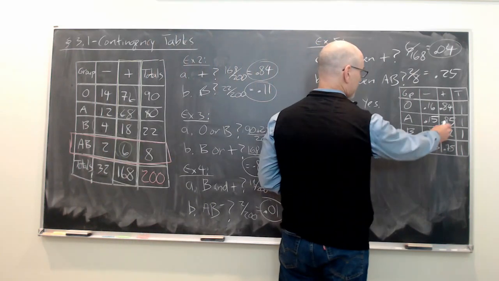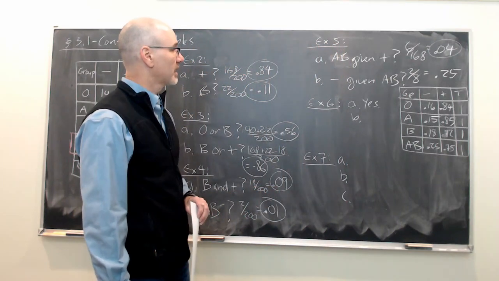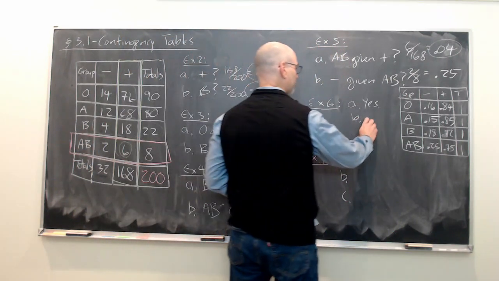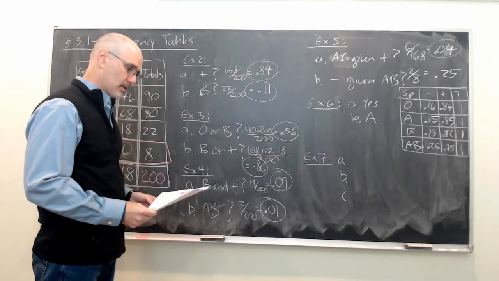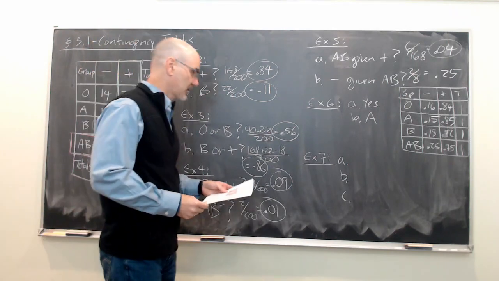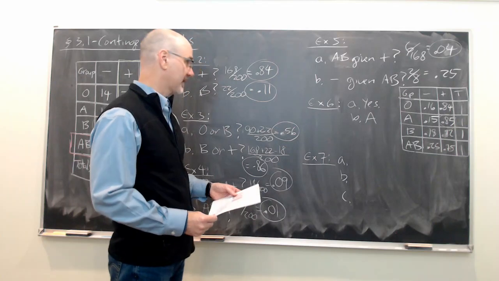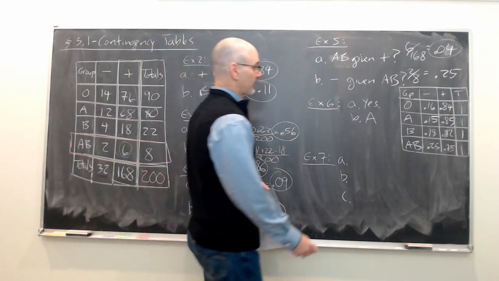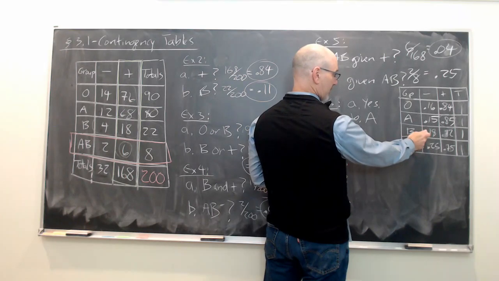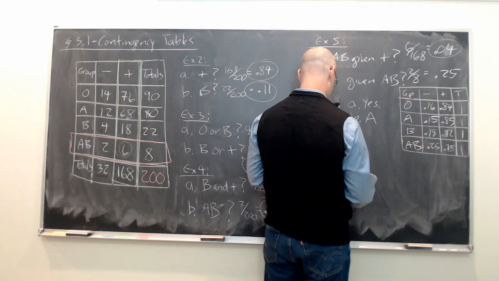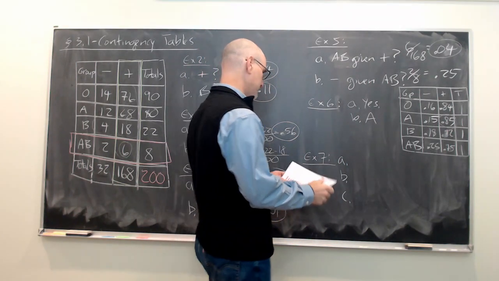And it looks like the largest proportion of positive is for blood type A. All right, so the final question on this section, is a person with blood type O or blood type B more likely to be negative? O is 16% negative, B is 18% negative, so that's going to be blood type B.